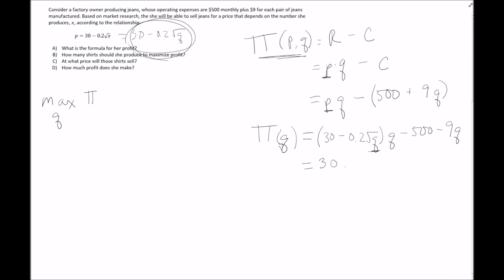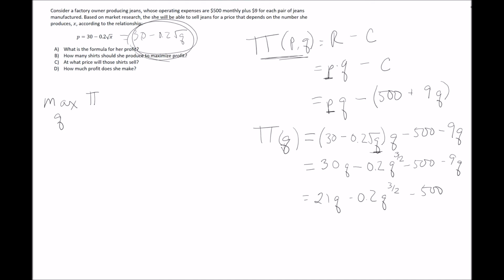I get 30q, and I'm going to switch to using a fractional exponent because as I multiply, that makes it easy for me to add the exponent. So I have 1/2 plus 1 gives me q to the 3/2, minus 500 minus 9q. And then final step, I'll just combine like terms and get 21q minus 0.2 q to the 3/2 minus 500.